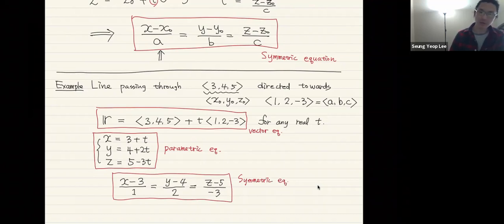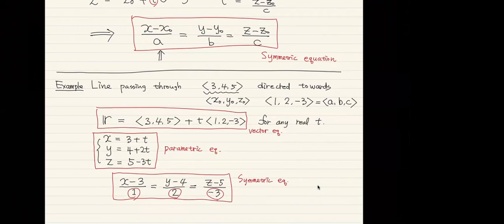So from the symmetric equation, the direction is given by the denominator. 1, 2, minus 3 is the direction, because it's a, b, c. So like if you ask us to find the line, we just write one of the 3 equations and that's the answer.